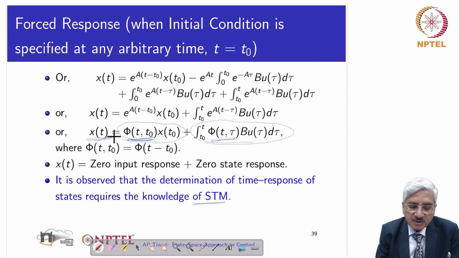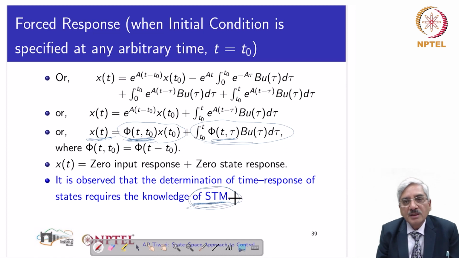Because the output is determined by pre-multiplying the state with the output matrix C, determining the time response of the output also makes it absolutely necessary to know the state transition matrix before we can obtain the time response solution of the state or the output.